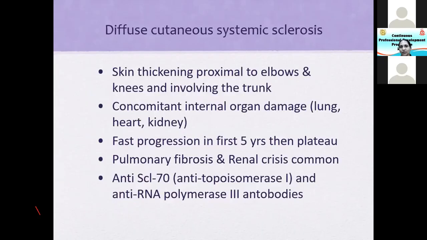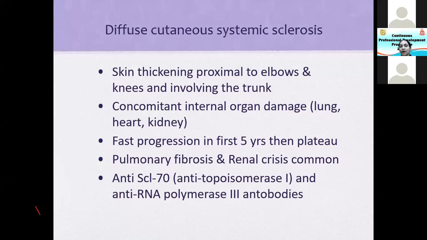In diffuse cutaneous systemic sclerosis, the skin thickening is proximal, as I told you earlier, along with trunk skin involvement. The concomitant internal organ damage is common and early, fast progressing in the first 5 years, and then later on it might plateau off.